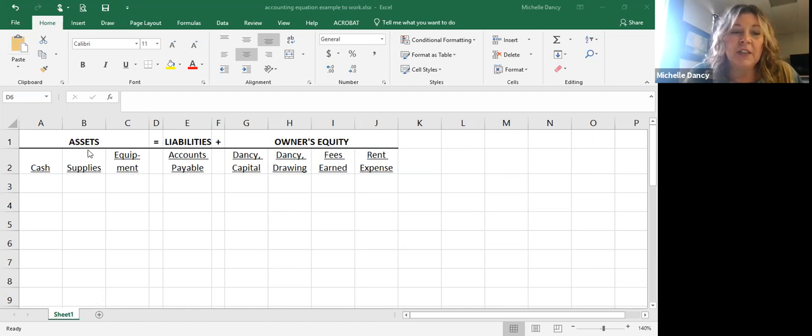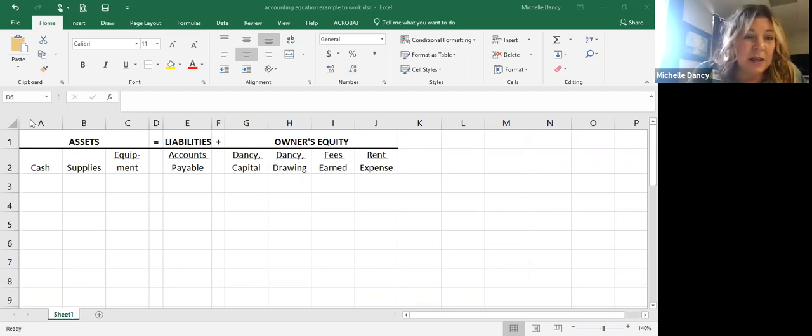And then underneath those three categories, I have added in the specific accounts we'll be using under each one. Now as we've discussed before, we know that the specific accounts can change according to the problem, but the three categories will always remain the same because this is the accounting equation.